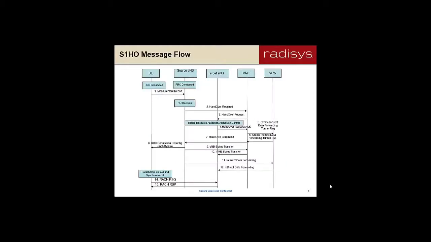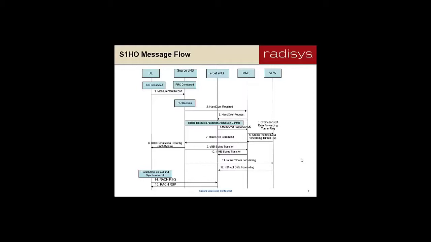Let us have a look at the call flow for the S1 based handover. The first trigger is from the UE side, which is initially connected to the source eNodeB. It sends out a measurement report based on the trigger.